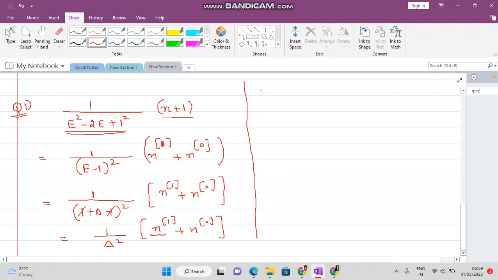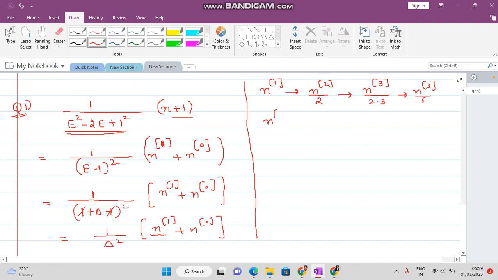I just show you in rough work the integration of this function. When you perform the first integration, it is n raised to the power 2 by 2, and when you again perform the integration, it is n raised to the power 3 by 3 into 2, which is 6. So it is n raised to the power 3 factorial by 6.